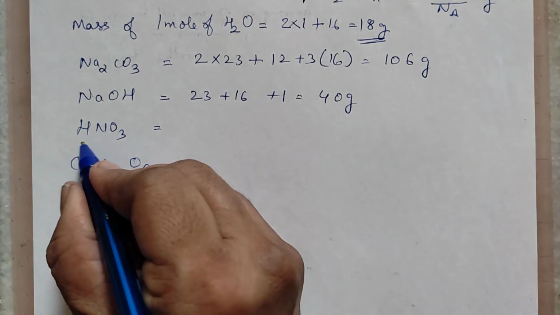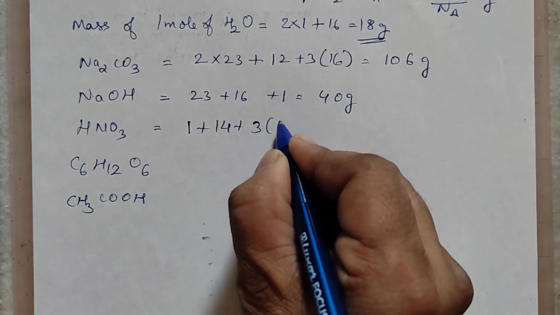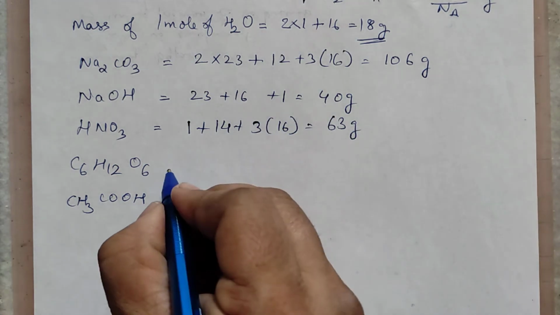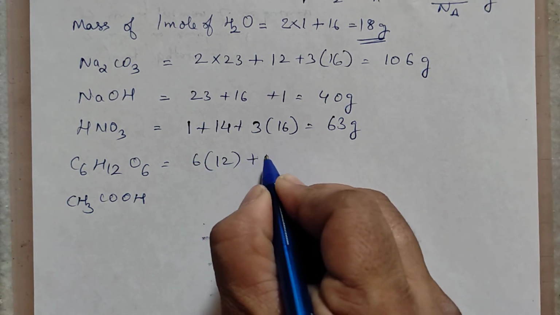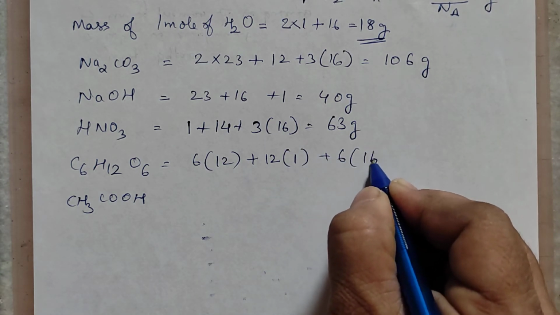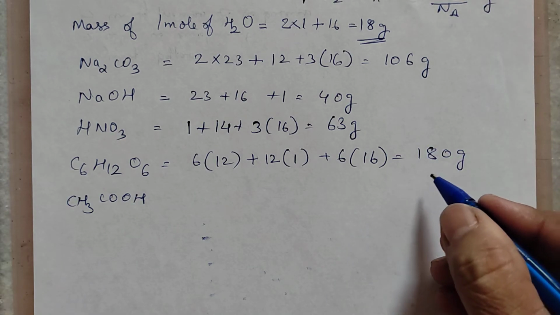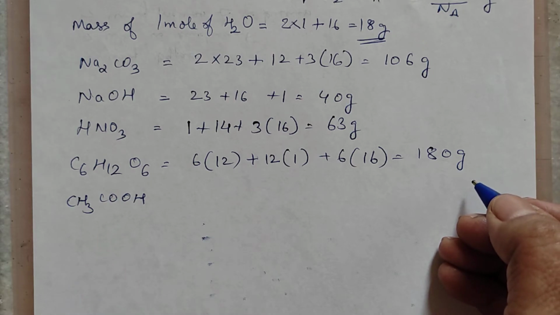HNO3: 1 plus 14 plus 3 into 16, that means you will get 63 grams. Same way here, glucose: 6 into 12 plus 12 into 1 plus 6 into 16, and if you calculate, it is 180 gram. 180 AMU will be the mass of 1 glucose molecule.